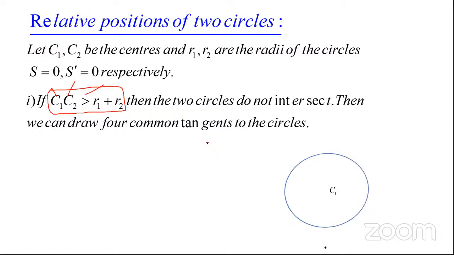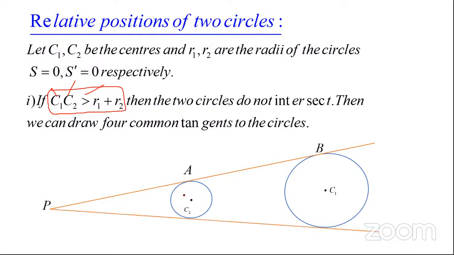Observe this figure. Here C1 and C2 are the centers of the respective circles, and P is an external point outside these two circles. Circle 2 meets at A, circle 1 meets at B, and the points E and F are on the circles, with E on circle 2 and F on circle 1.